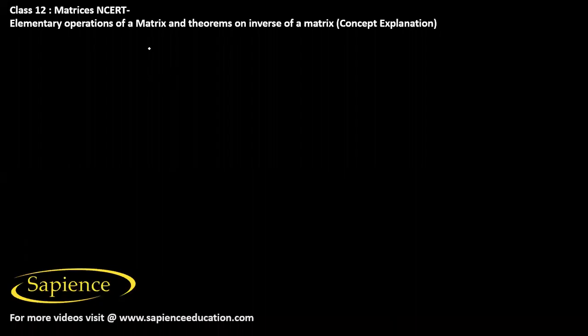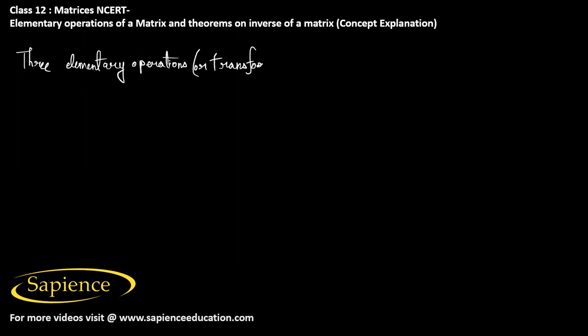So here we have to explain the concept of the elementary operations of a matrix and the theorems on inverse of a matrix. Now, there are three elementary operations, also called transformations of a matrix.